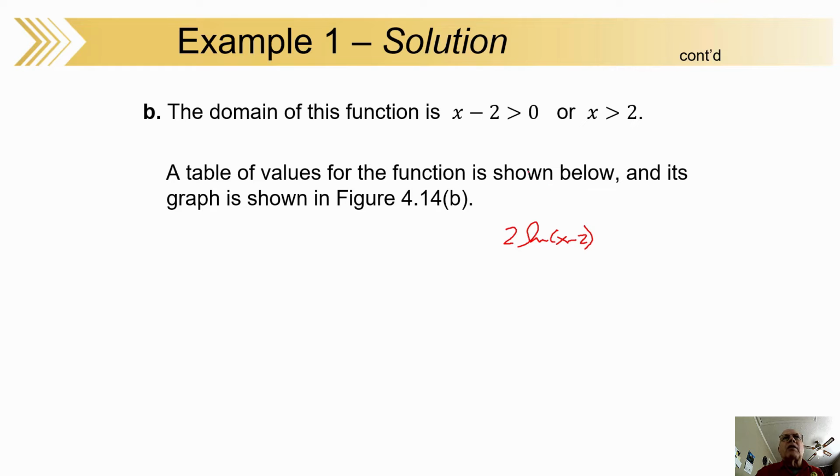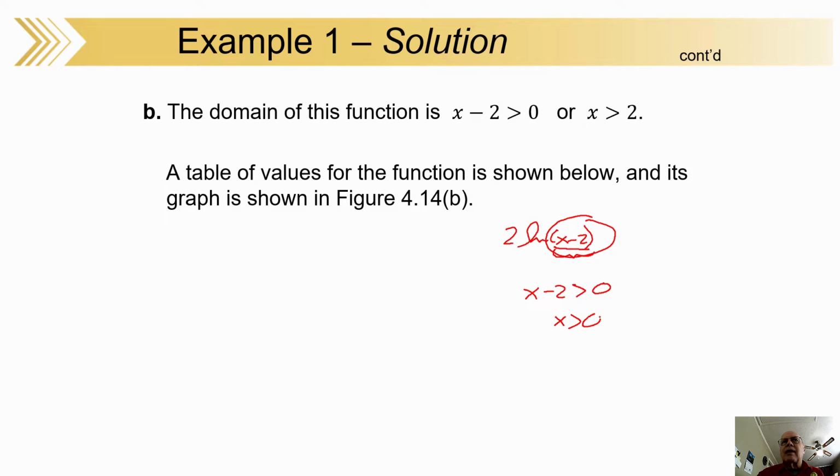The domain in that function. The easy thing to do to get the domain is, first of all, you know the natural logarithm argument, that's what they call this, has to be positive. So if you know this has to be positive, set the argument greater than 0.